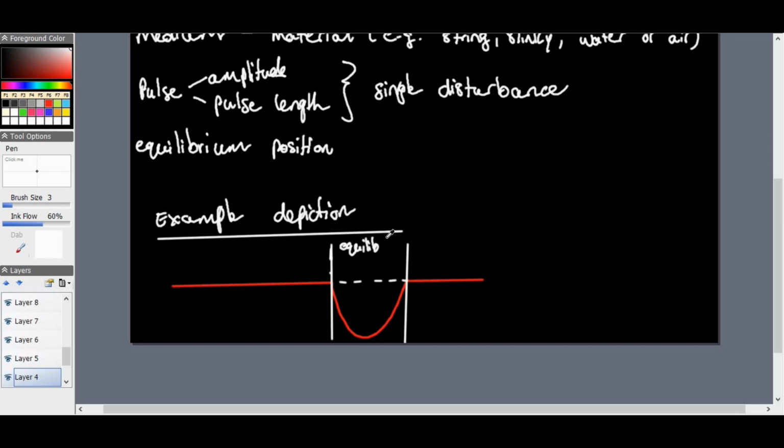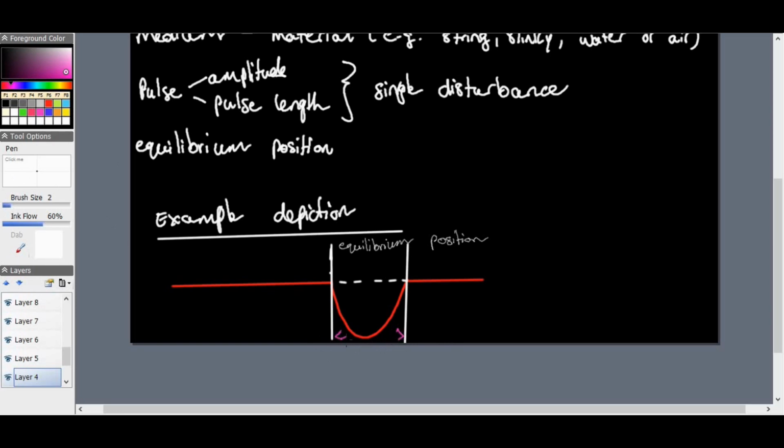Then from here to here, I'm going to do some color drawing.